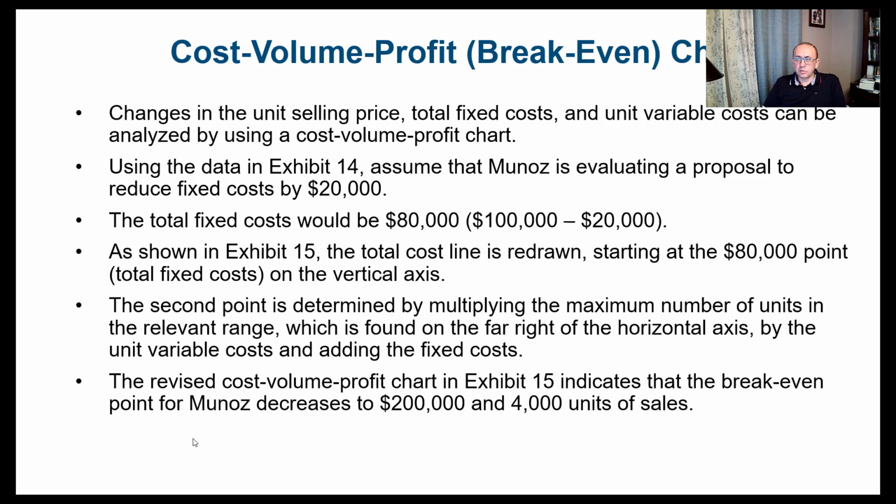The second point is determined by multiplying the maximum number of units in the relevant range, which is found on the far right of the horizontal axis, by the unit variable cost and adding the fixed cost, the same way we've done it in the previous chart. The revised cost volume profit chart in this exhibit indicates that the break-even point for the company decreases to $200,000 and 4,000 units of sales.